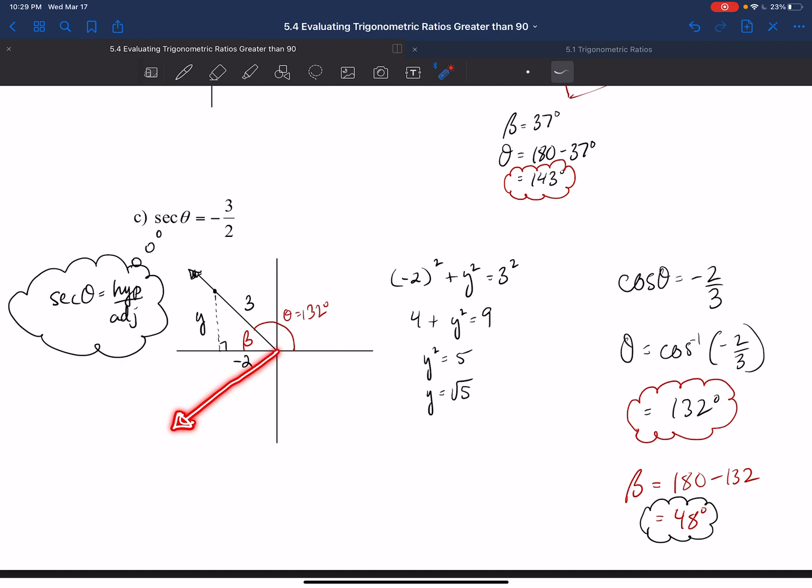So the cos of 228 and the cos of 132 would be the same.